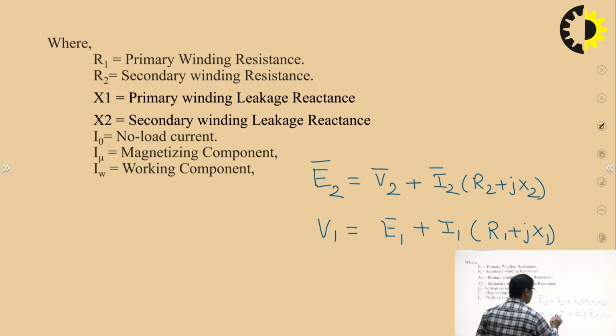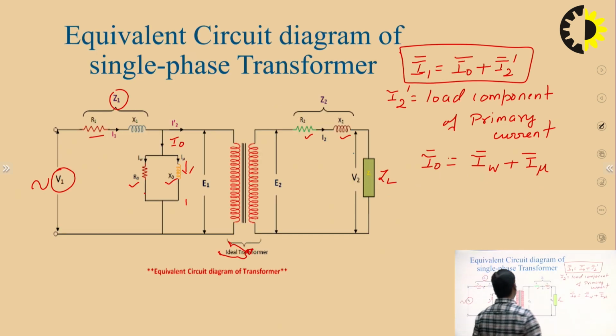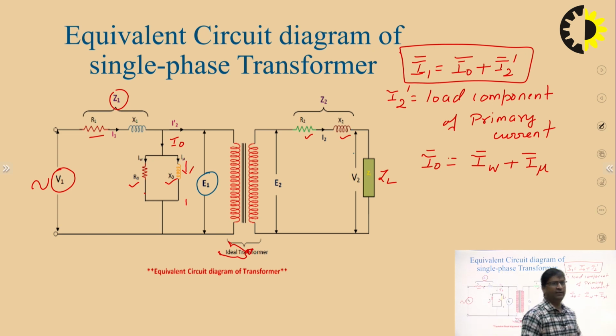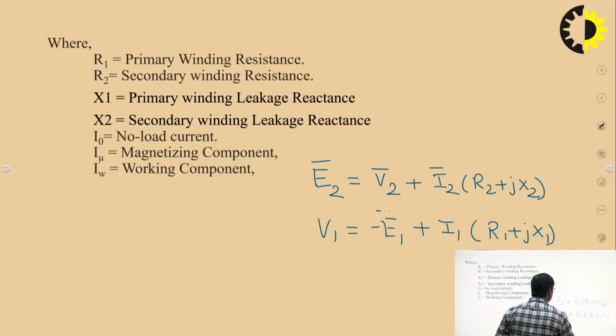But here it will be minus E1, because E1 and V1 are opposite in polarity, as we know. Because this is an induced EMF, and according to Lenz's law, the polarity of this induced EMF E1 will be opposite to that of the applied voltage. So we can write down this minus E1.